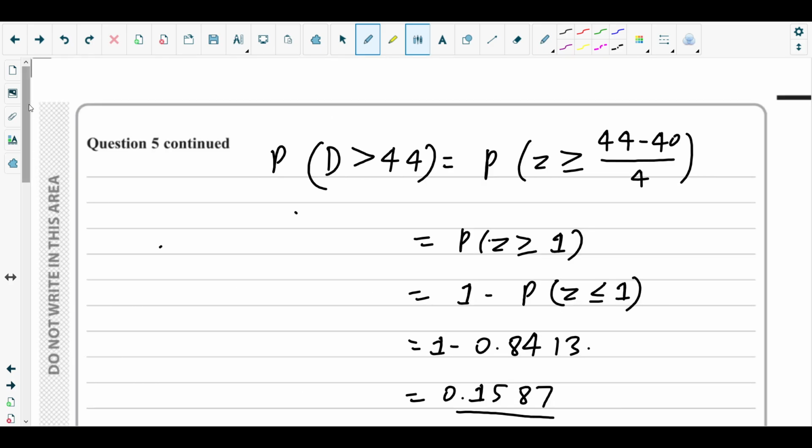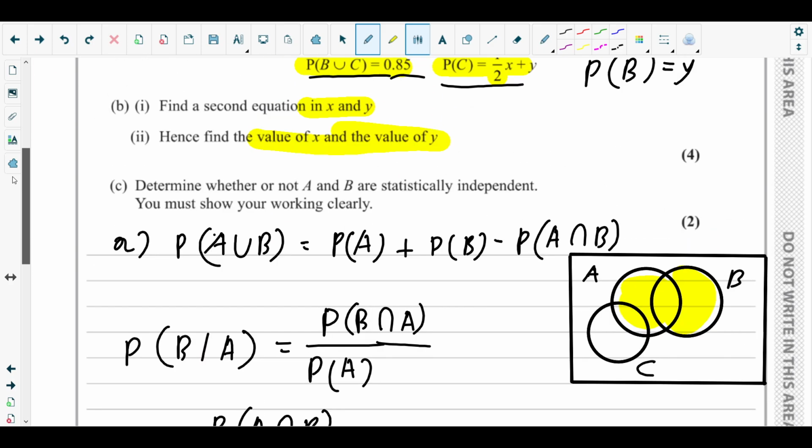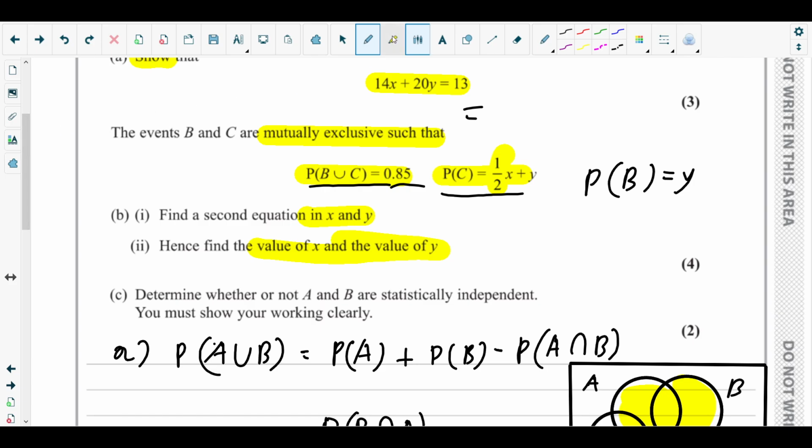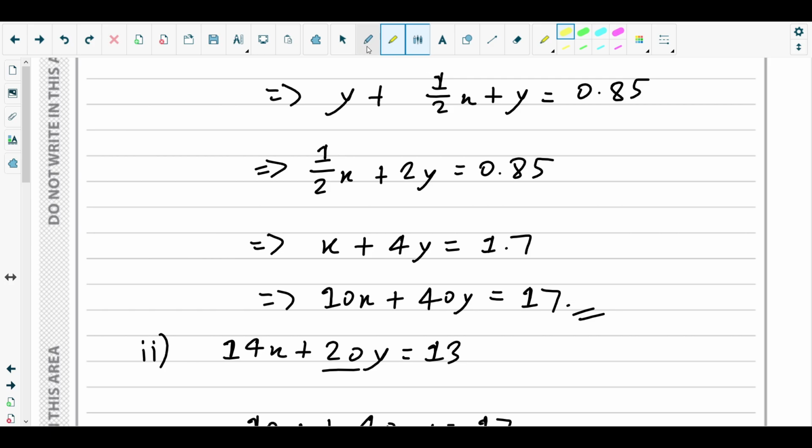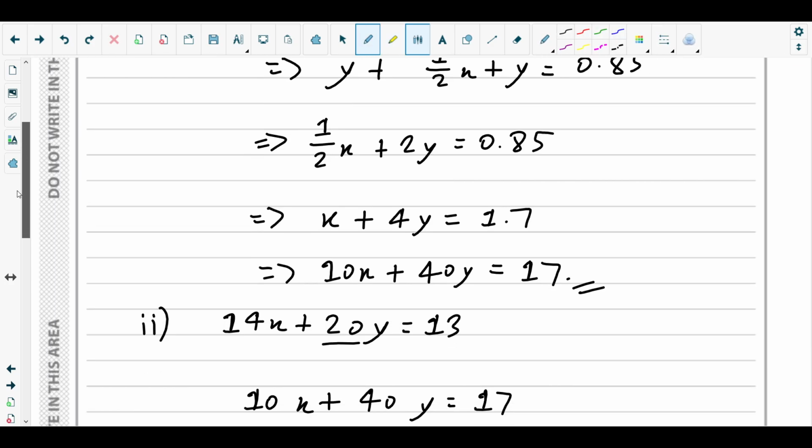Next is part C. For part C, they asked us to determine whether or not A and B are statistically independent. So what's the process for identifying independent events?